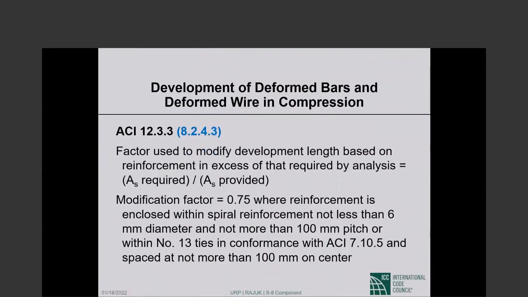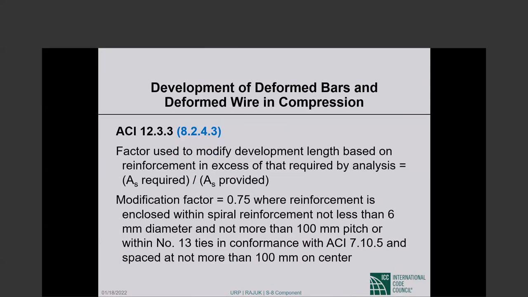The factors that we can apply are factors that apply to the required L sub DC that you saw on the previous page. Factor used to modify development length based on reinforcement in excess of that required by analysis.